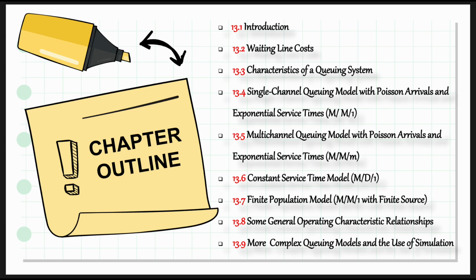So: single channel queuing model with Poisson arrivals and exponential service times; multi-channel queuing model with Poisson arrivals and exponential service times; constant service time model and finite population model. We also have some general operating characteristic relationships, and last but not least, more complex queuing models and the use of simulation.